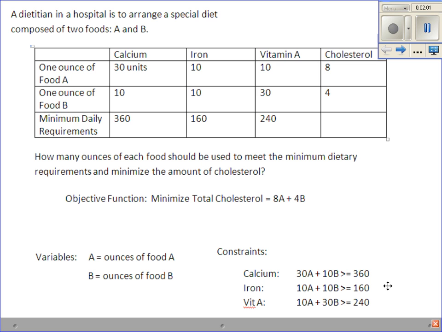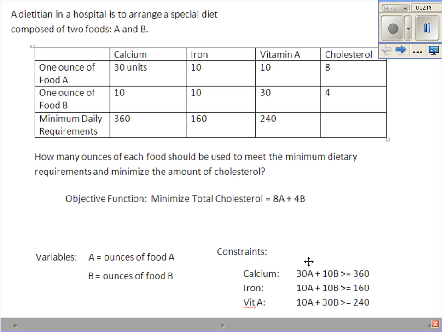And then our constraints. Because each ounce of food A has 30 units of calcium and each ounce of food B has 10 units of calcium, we need to have a total of calcium at least 360. It's fine if we exceed it.